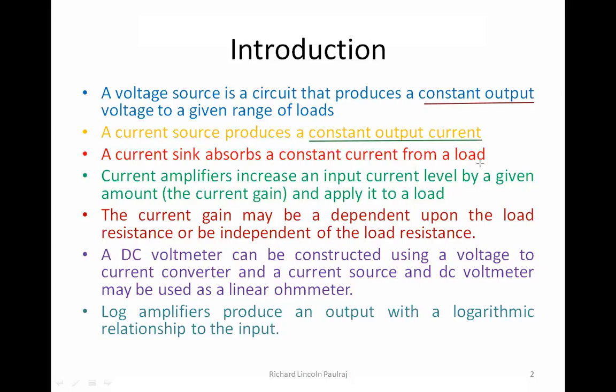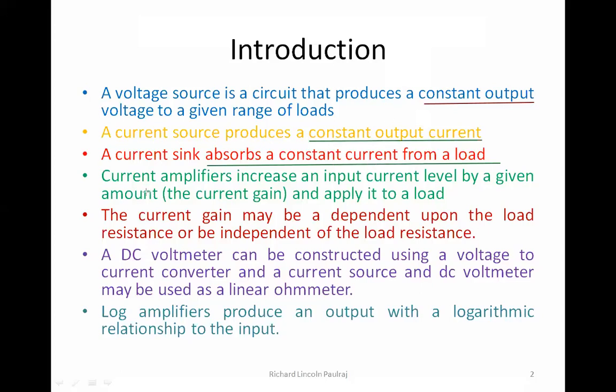As the word suggests, sink means moving down to a lower value. So no matter how much current you are giving, it gets fully absorbed and almost nullified, and such circuits are called current sinks. So current source and current sink are circuits which go hand in hand. These absorb a constant current, but from where? From the load.